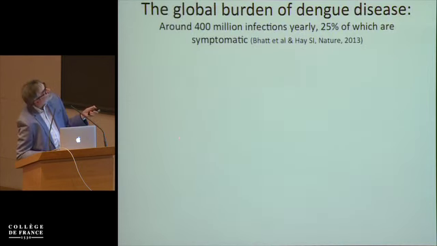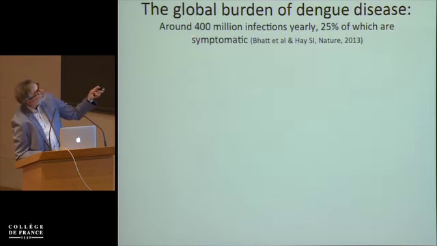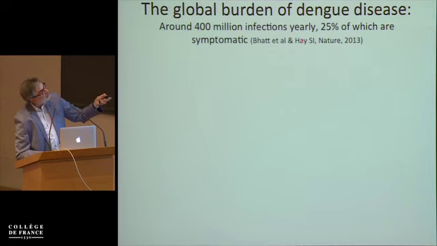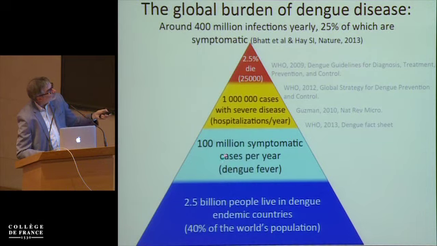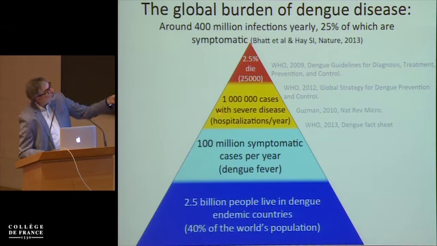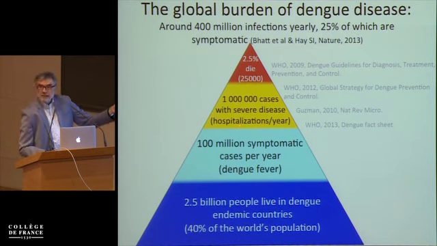And if you look at the global burden, about 400 million infections yearly, 25% of them are symptomatic. So you have this pyramid: 2.5 billion people living in dengue endemic countries, 100 million symptomatic cases per year, about 1 million cases with severe disease that need hospitalization, and of these 2.5% die every year.